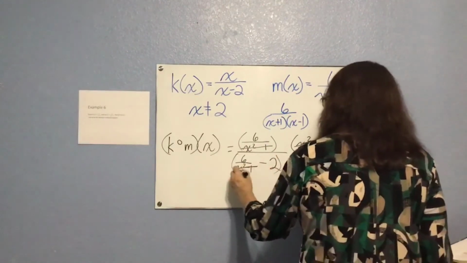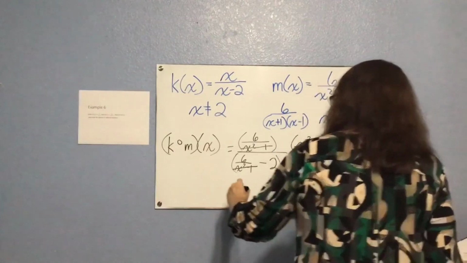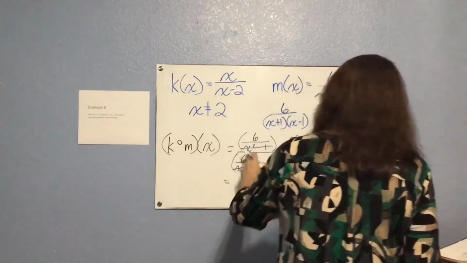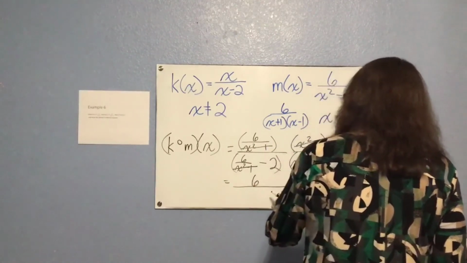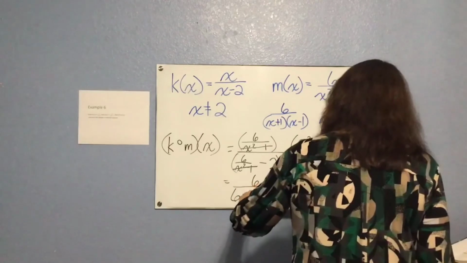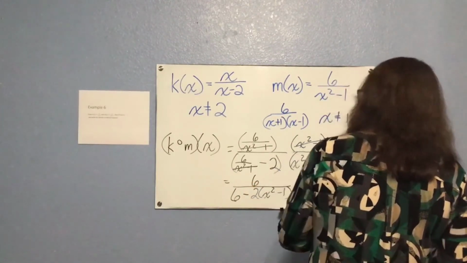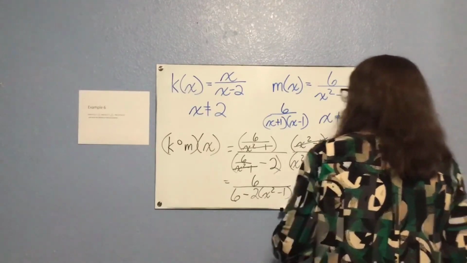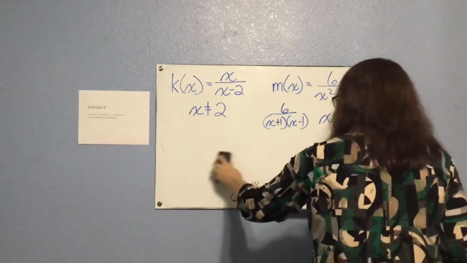This will cancel out with this, but now I do have to multiply those two together. So now all that's left on the top is the 6, and underneath I'm going to have 6 minus 2 times x squared minus 1.